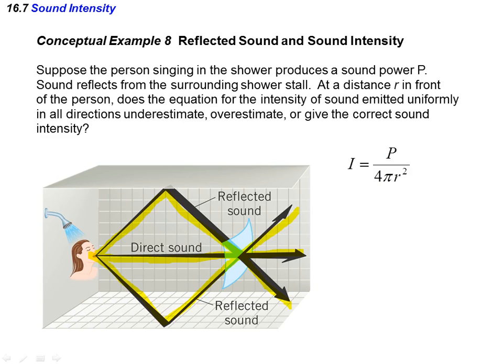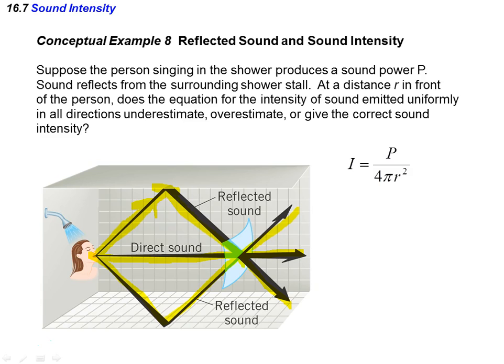And if we didn't have the shower stall, if we didn't have the ceiling, the floor, or the walls, then yes, this would propagate fairly spherically in that it would go in all directions, and we would abide by this inverse square law, and I would be equal to P over 4 pi r squared. But what's happening here? Well, part of the energy that's being sent upward is hitting the ceiling and reflecting back down.